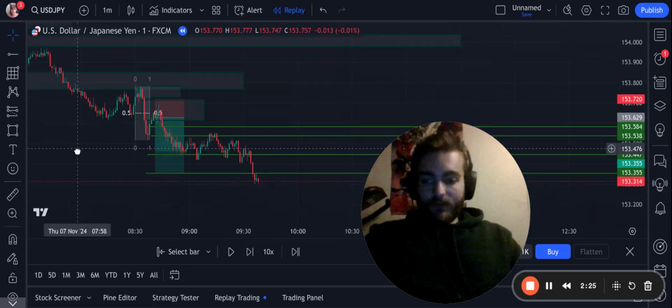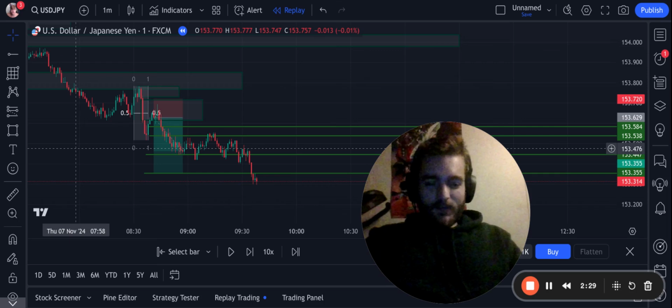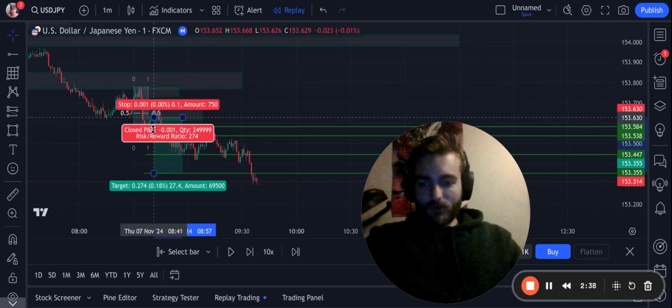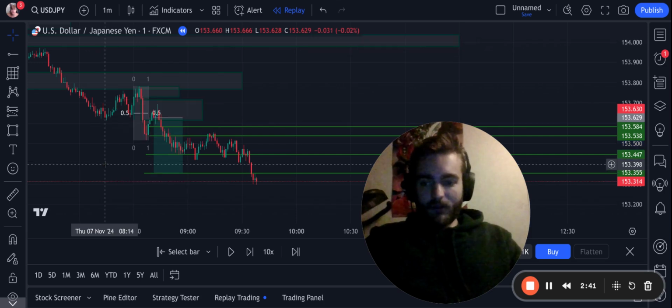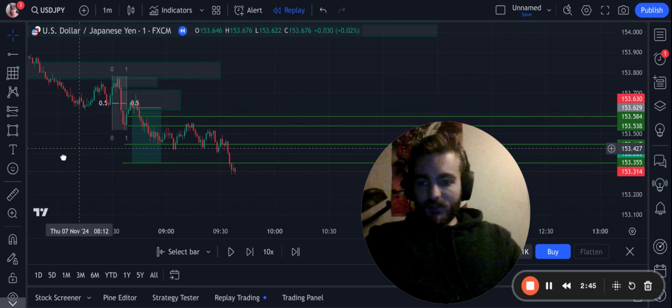Also, every time my TP1 gets hit, maybe the 0.5 take profit, I move my stop loss all the way down to break even, so I don't have to worry about risking anymore. So yep, that's what this trade is.